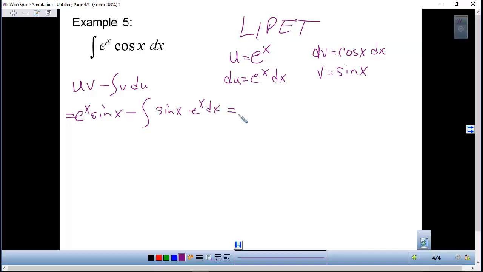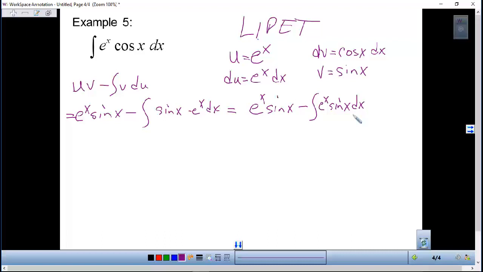Now, looking at this, once we simplify it, we have e to the x sine x from the first part here, minus the integral of e to the x sine x dx. Well, that's not much different from what I started off with. The trig function changed. So I'm going to have to do this thing again.